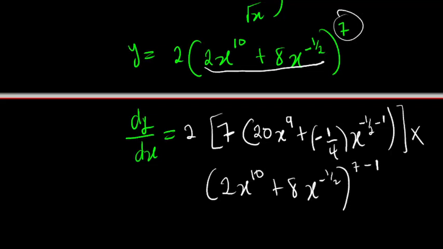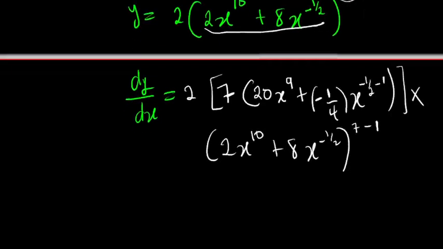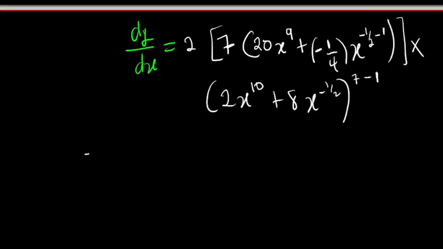You can see now, this is very, very simple. So finally we have 2 times 7 is 14, so we have 14, 20x raised to power 9 minus 1 over 4 x raised to power minus 3 over 2.